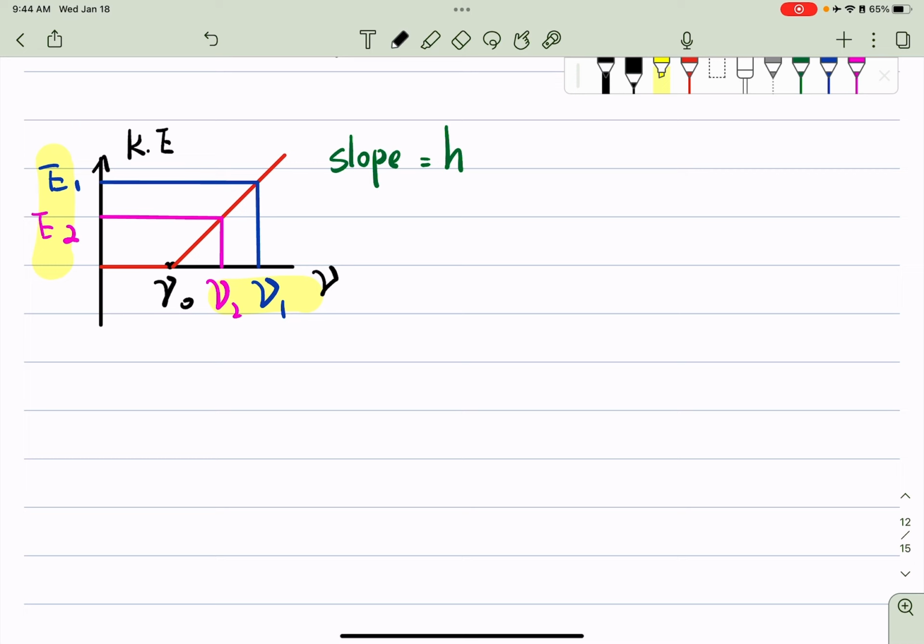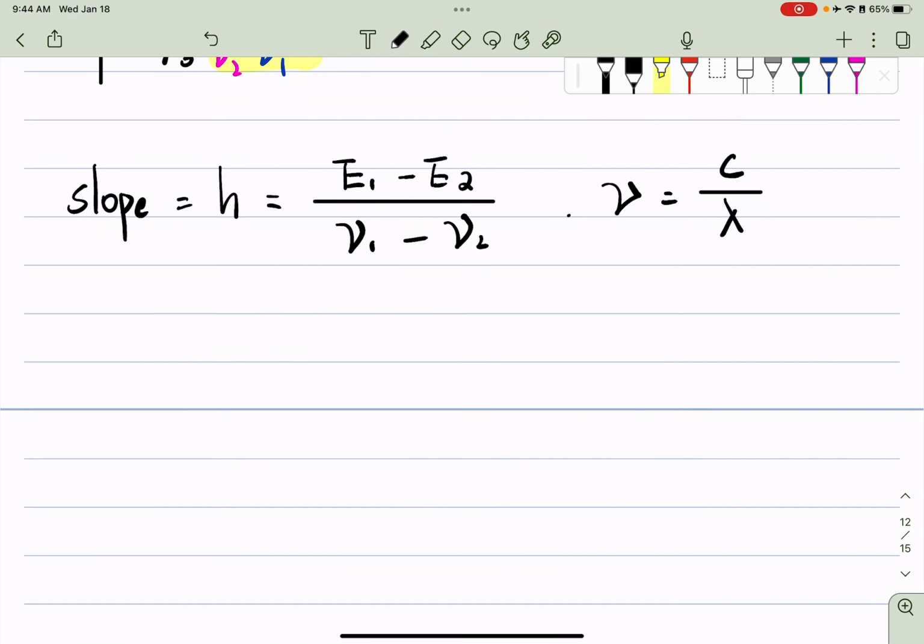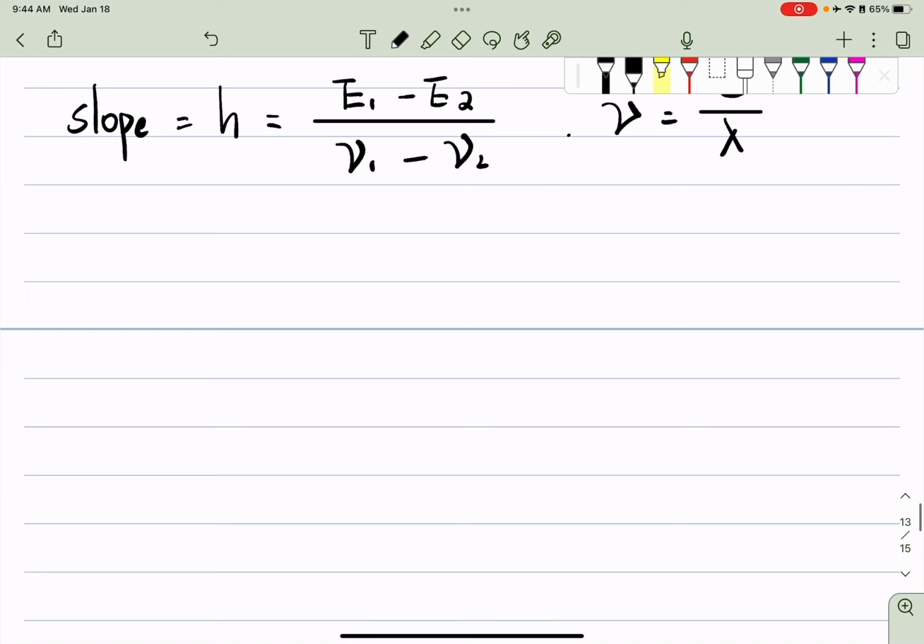What we can write is, to estimate the Planck slope, h equals E1 minus E2 over mu1 minus mu2. And we have mu equals c over lambda again. You can do it differently, but I'm just going to take the longer road to calculate mu1 and mu2.